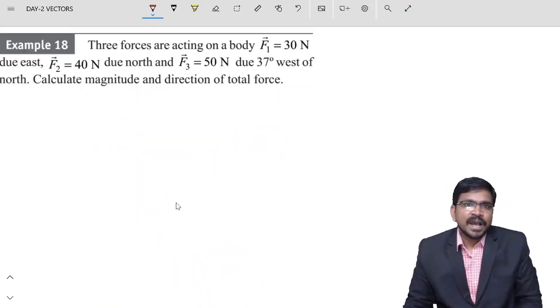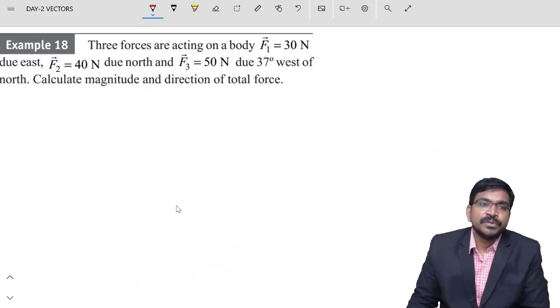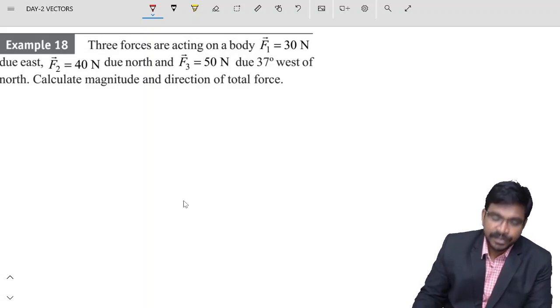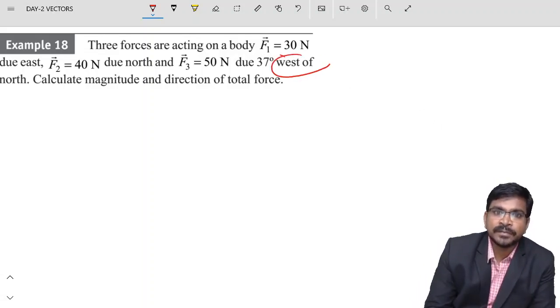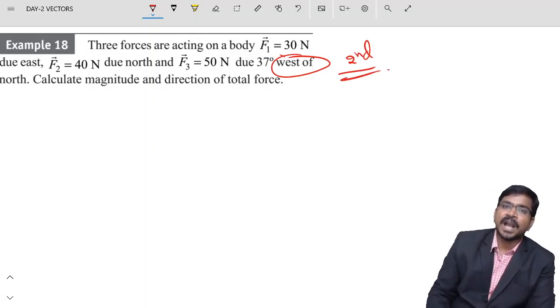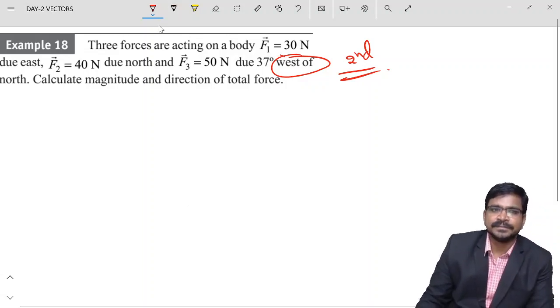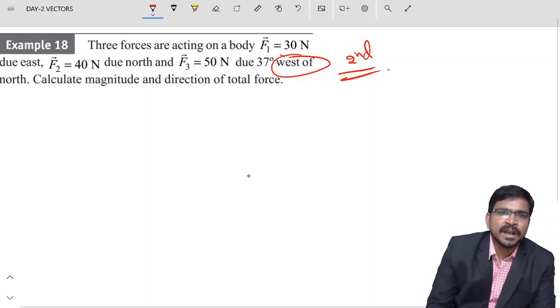Next, three forces are acting on a body: 30 newtons due east, 40 newtons due north, 50 newtons due 37 west of north. West of north is the second quadrant, so you will be getting i minus and j plus. Simple. So what is the total force?